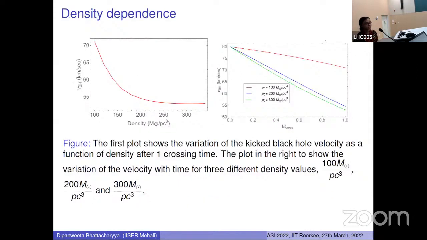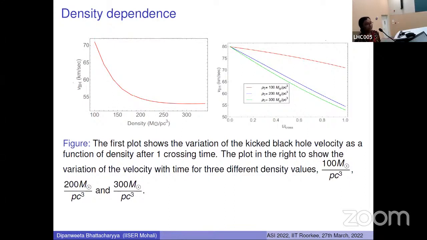Now I'll show the density dependence. Since dynamical friction is created by the cloud of smaller particles, density will obviously be a good factor to show an effect on the results. Here, the first plot on the left shows the velocity at one crossing time as a function of density for the black hole. We can see that as the density increases, the velocity goes down, as expected.